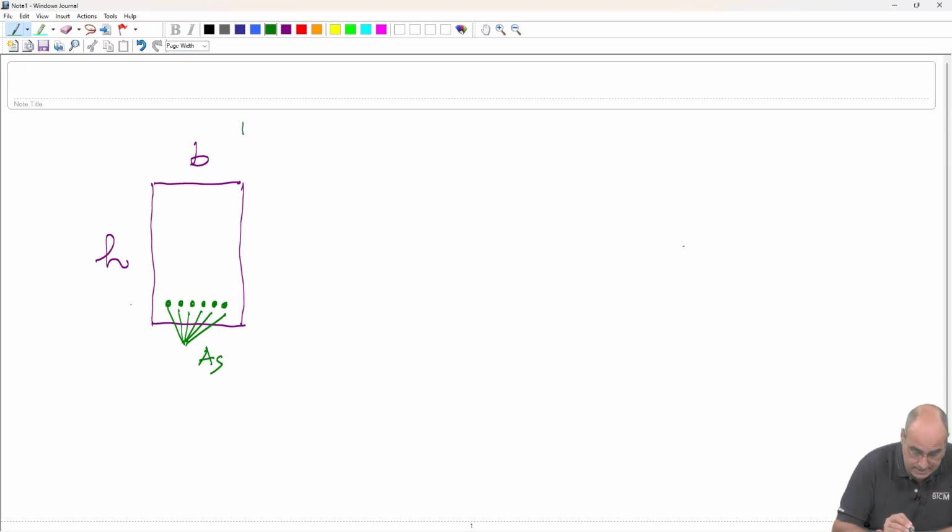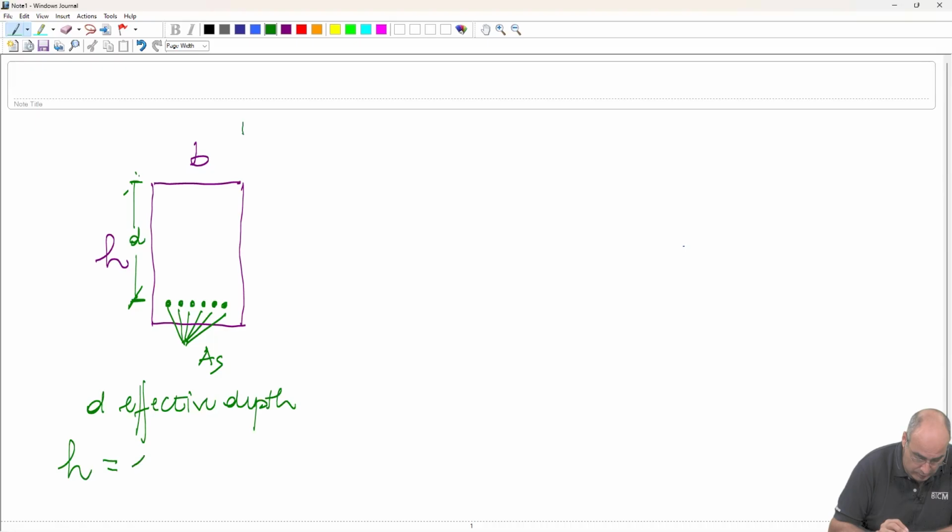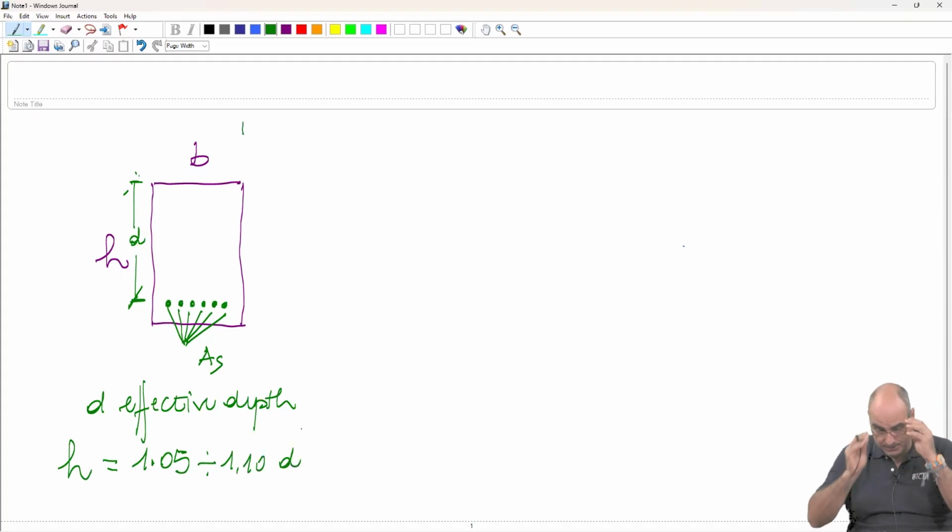This is As, and this we call d. d is the effective depth. Well, we can say that h is equal to 1.05 to 1.10 d, more or less.